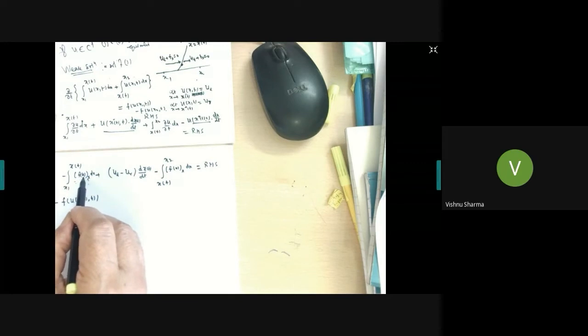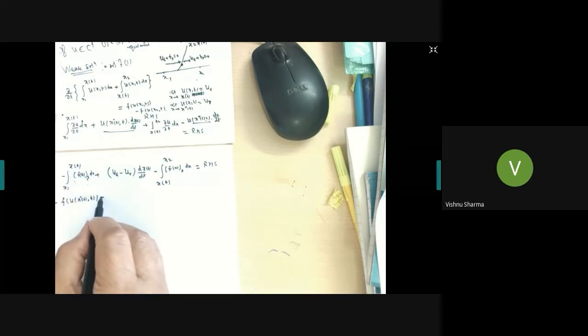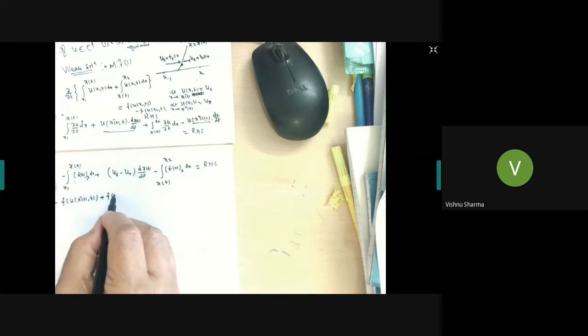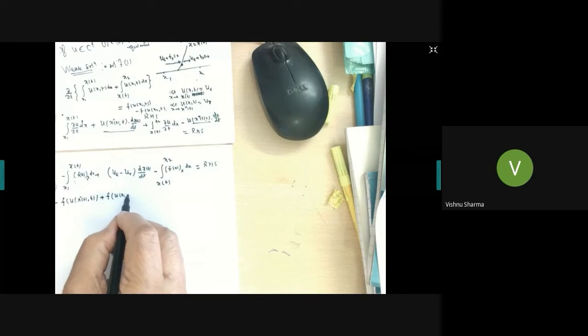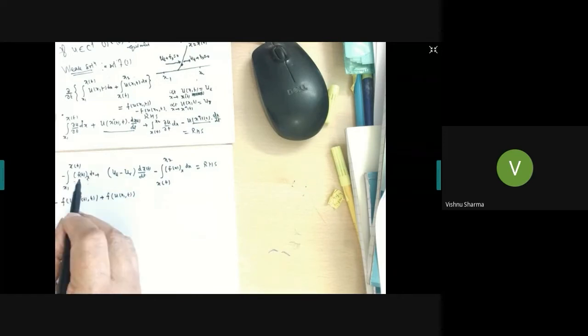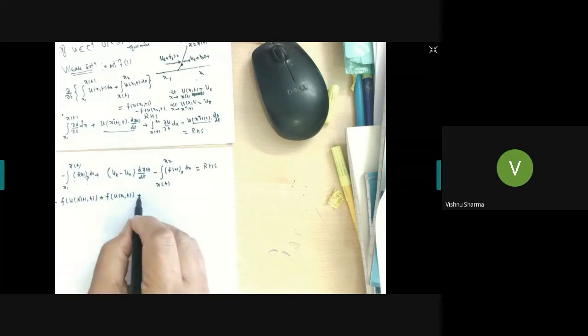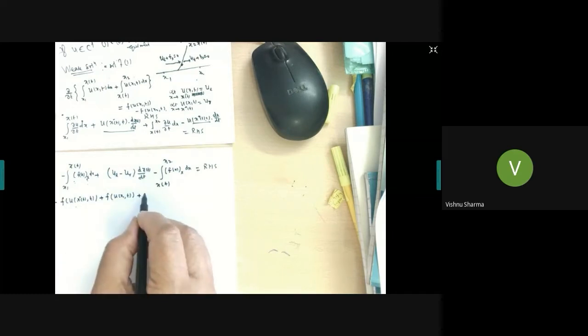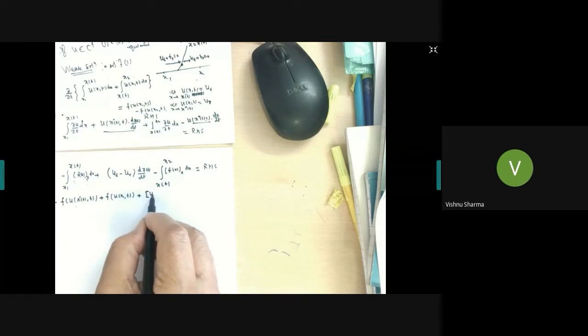So the value of this evaluated at the upper limit minus its value, so it becomes plus, at the lower limit, that is f of u at x1(t). Its value evaluated at the upper minus its value evaluated at the lower.